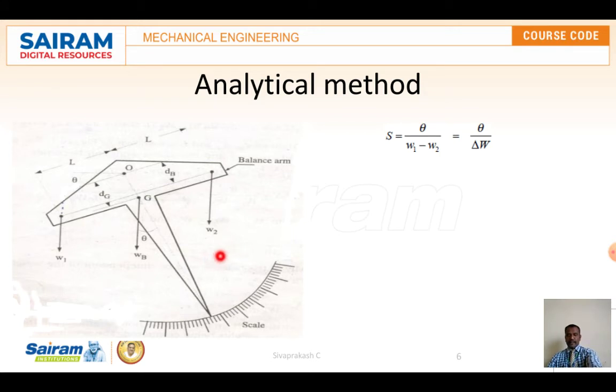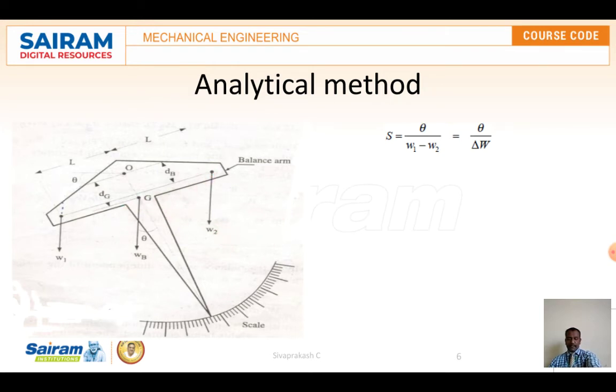In this drawing, the balance arm rotates about the point O. Here two forces act: W1 and W2 are applied on the ends of the arm.